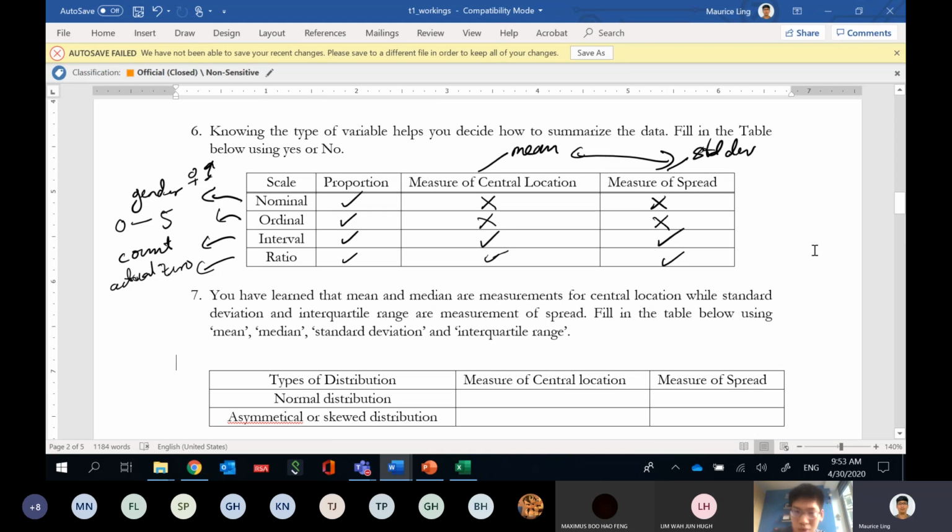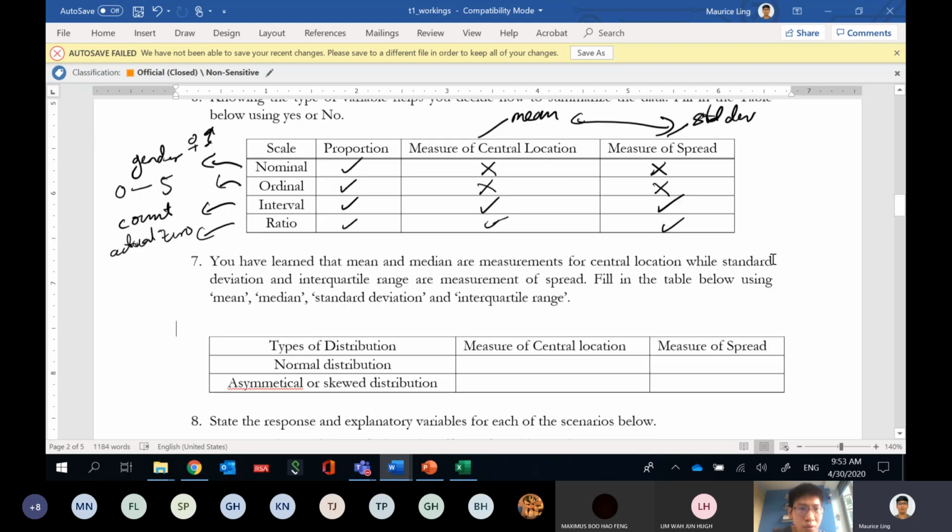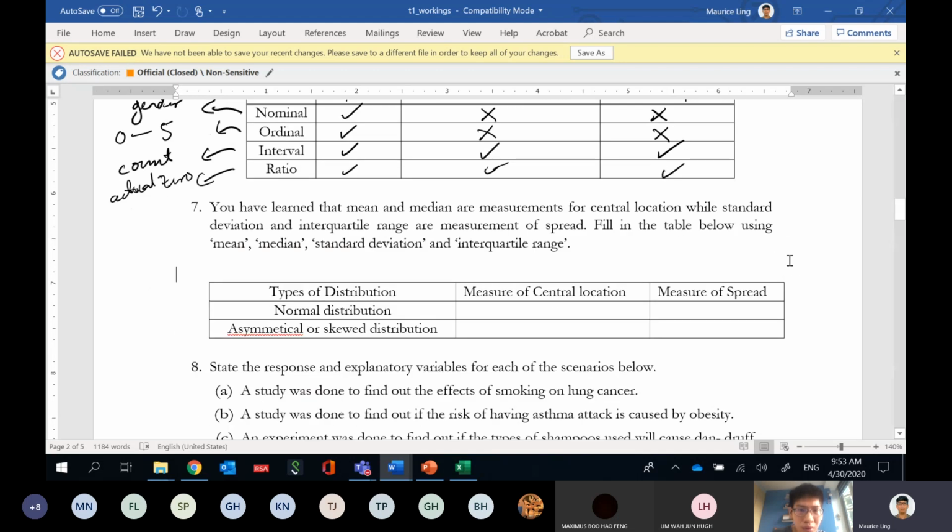Now you have learned about the different types of measurements. If it's a normal distribution, to your common sense, it will be your bell curve.